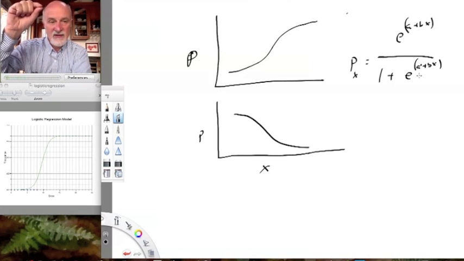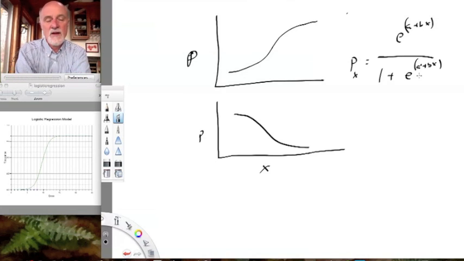You can calculate that probability and actually plot that curve. That can be very useful in showing the nature of the relationship between x and y with logistic regression. And you can even use that function to read off specific values.